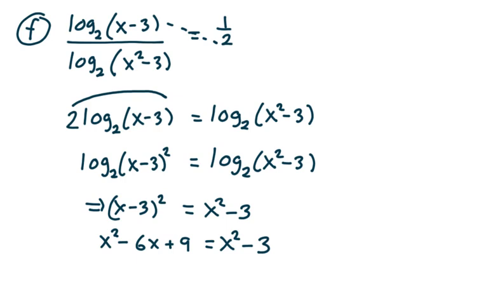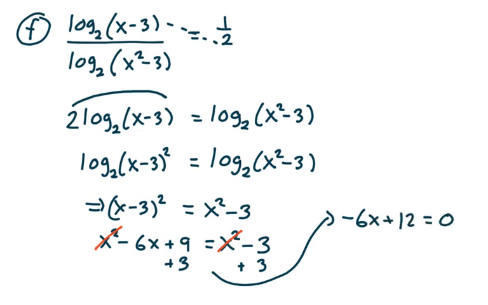Can we see that the x squareds cancel? And I'm going to add 3 to both sides. And I'm going to come over here. And I'm going to write negative 6x plus 12 equals 0. So negative 6x equals negative 12. And so I can conclude that x equals 2.